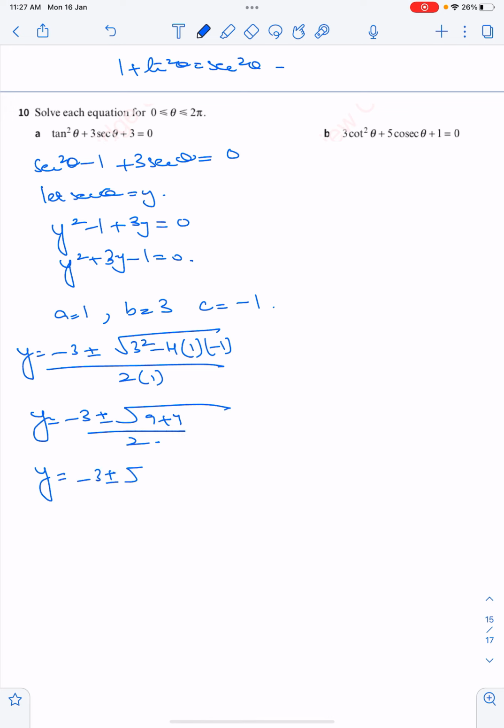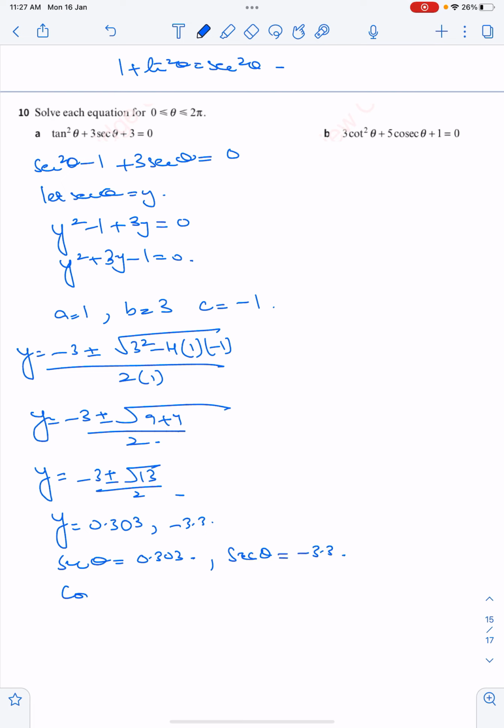So the two answers I am getting is 0.303, and the other answer is negative 3.3. Okay, what was y? Y was actually sec theta. Sec theta equals to 0.303 and sec theta equals to negative 3.3.